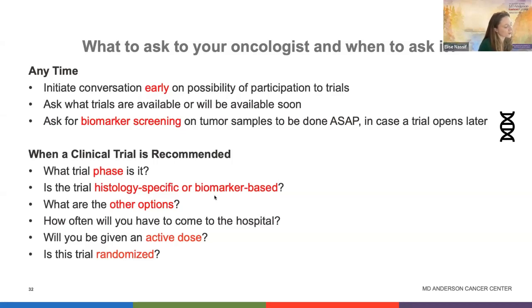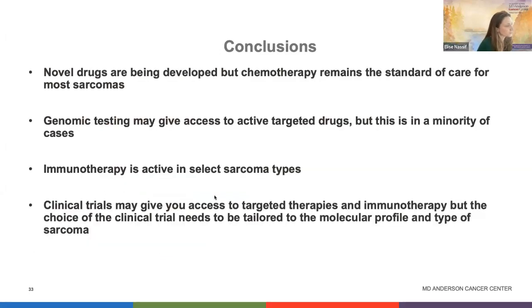And then ask about the schedule. Once again, those trials are very time consuming. Ask if you will be given an active dose and if this is randomized, because those are things that patients may feel comfortable with or not. Some patients are not comfortable with being randomized in a trial, and that's perfectly reasonable.